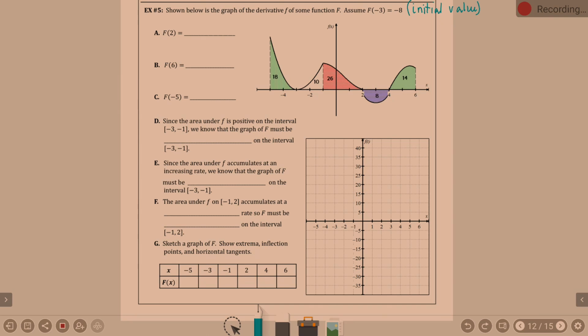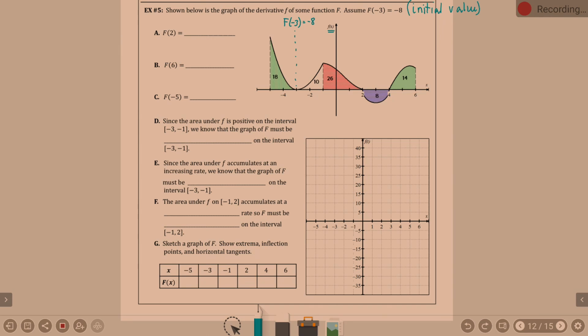And notice, where is negative 3? Negative 3 is right here, yes? So keep in mind, F of negative 3 equals negative 8. So what's the graph? The graph is f of x.